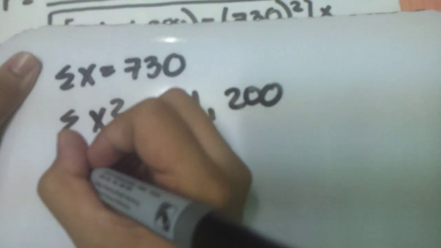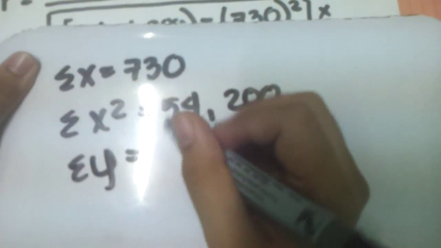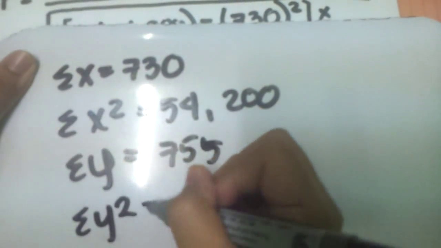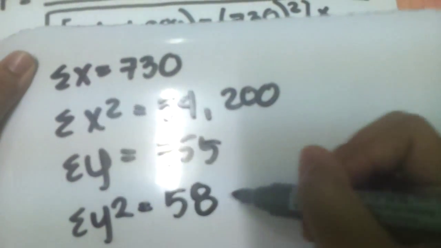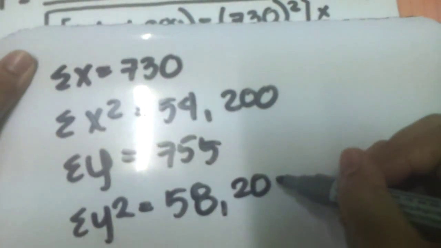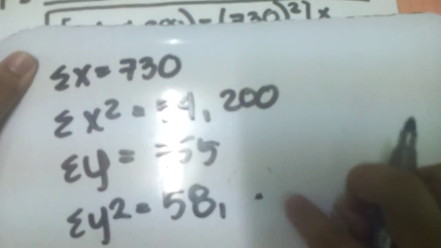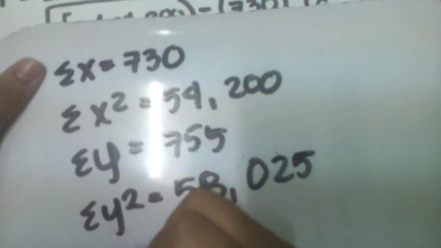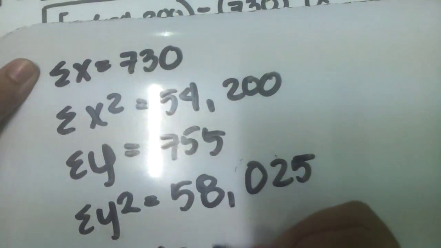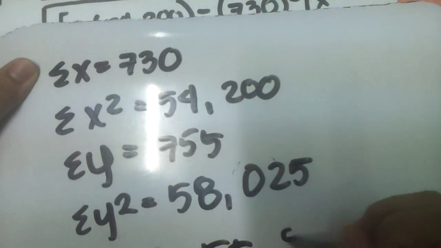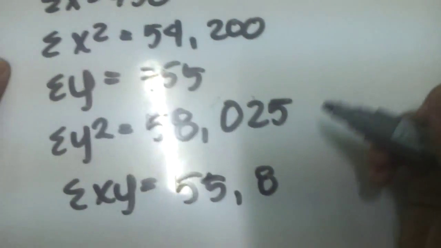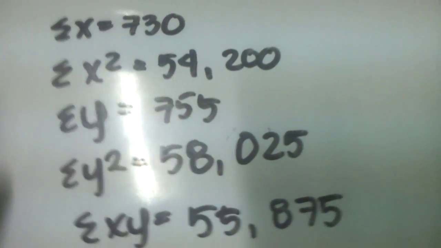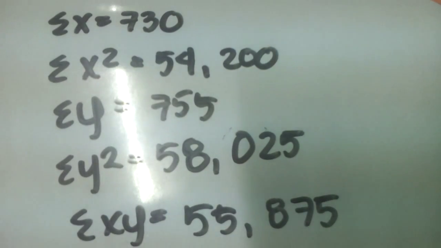We also get summation of Y, 755. For summation of Y squared, we get 58,025. Summation of XY, we get 55,875.